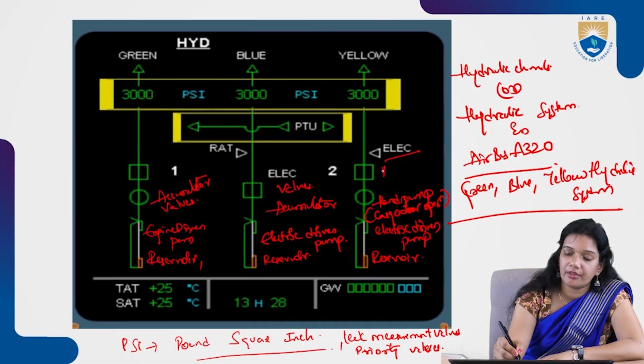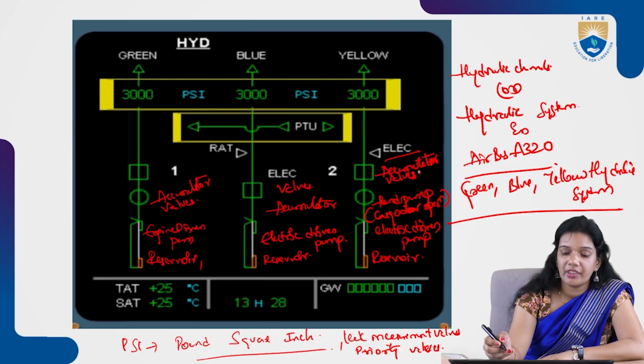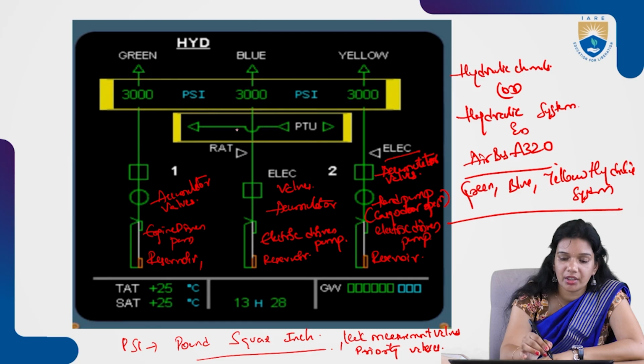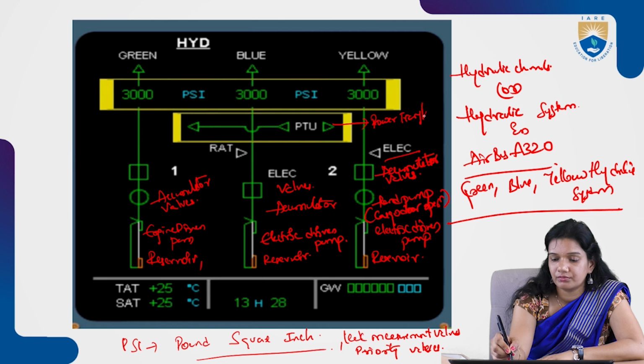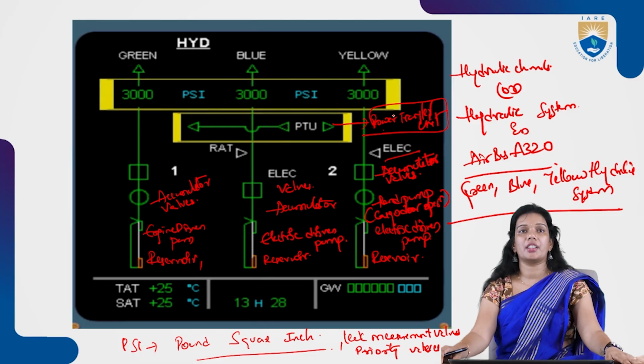You have an accumulator. You have valves, right? But what we have in between the green and blue is these PTUs, which are power transfer units. Okay, so it can be pressurized in both when the power is transferred here, right?